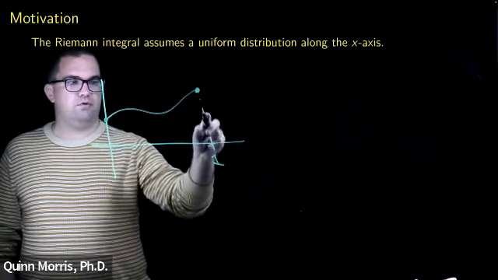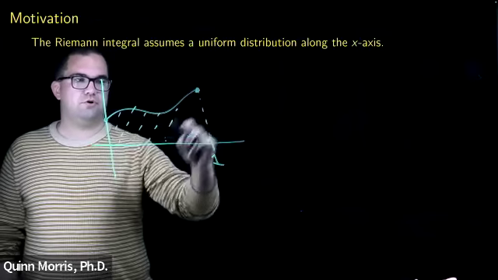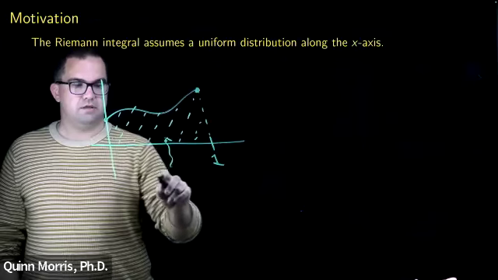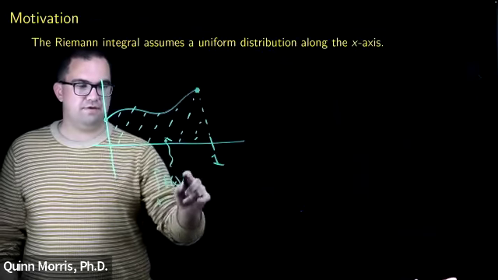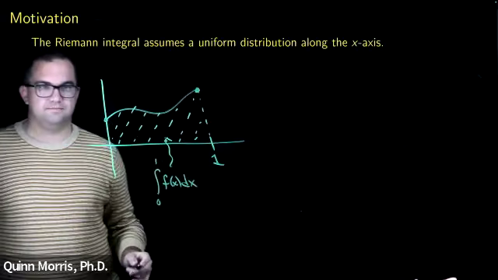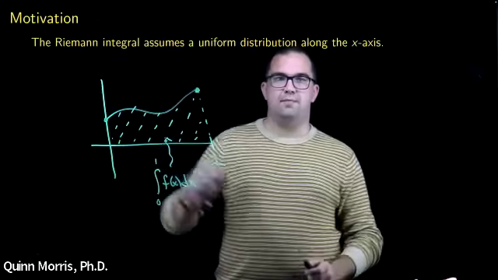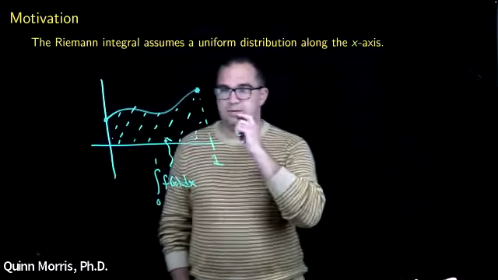And of course, we know that if I look at the area under this curve, this can be represented as the Riemann integral from 0 to 1 of f of x dx. Now, another way we can think about representing this area is the following.